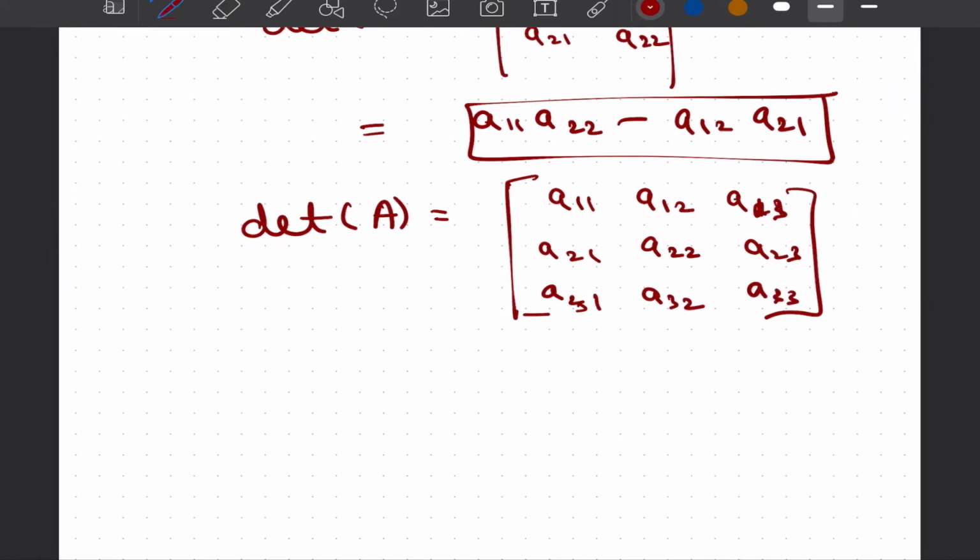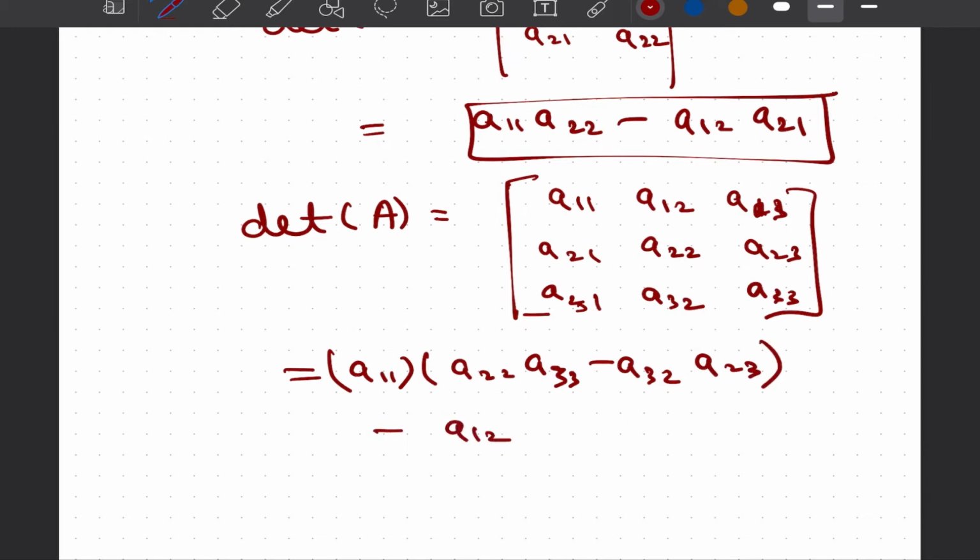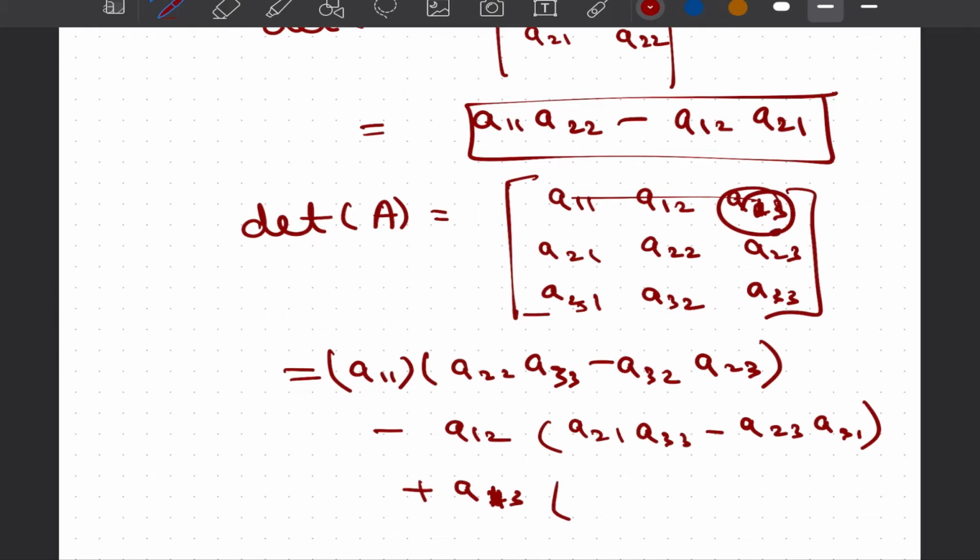Now, we can always write this as A11 times (A22 A33 minus A32 A23) minus A12, then masking these two would be (A21 A33 minus A23 A31), plus A13 times, so basically taking the determinant around that, and this would be the submatrix that we would be dealing with, (A21 A32 minus A22 A31).